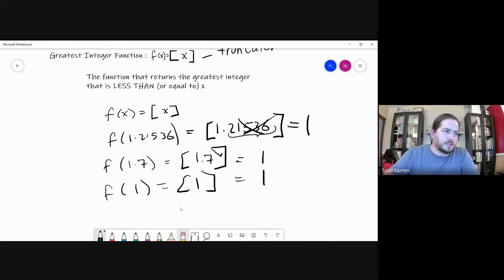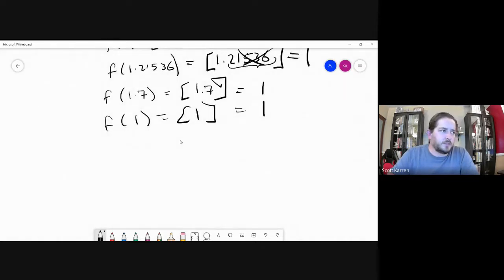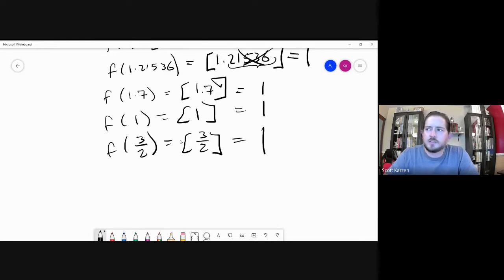F of 3/2 is also 1, right? Because 1 is the largest integer that's not greater than these numbers that I've put in there. So if we see things like f of pi, the largest integer that isn't greater than pi, that's 3, right? So it's a way of truncating things.